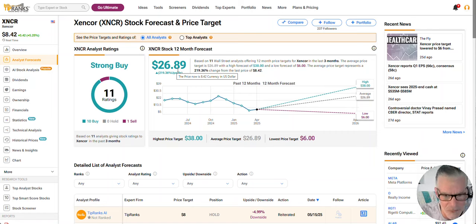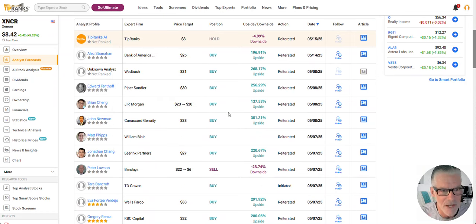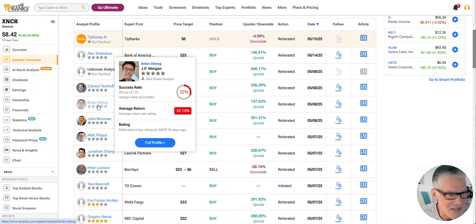Now, the last thing I want to look for, this is not a deal killer if I can't find it, but I scroll down to see which of the analysts that are giving these buy signals and these huge price targets, which of these have solid, strong 5-star rankings. These guys don't have any rankings at all.